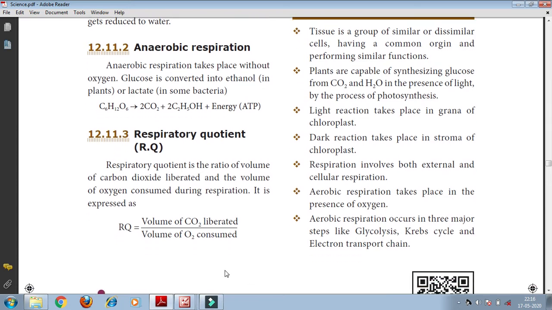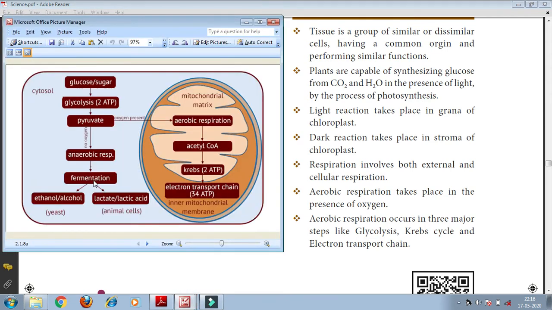I conclude this chapter with a few more things. I told you anaerobic respiration, in the absence of oxygen, is converted to ethanol in plants, or lactate in animals, or lactic acid, by means of the fermentation process.